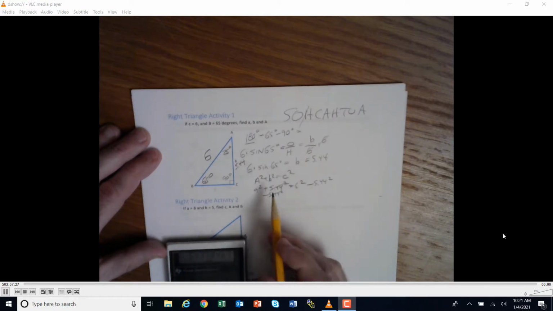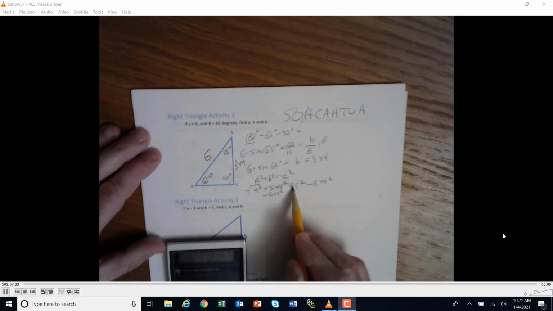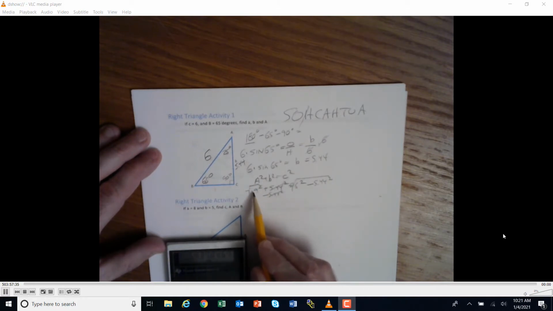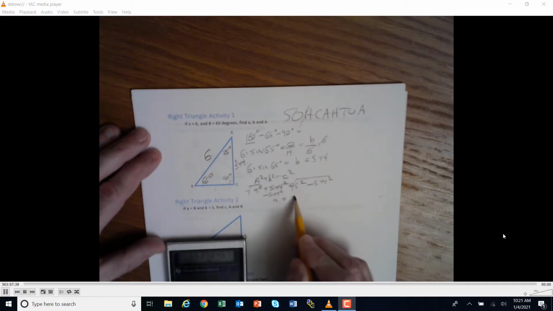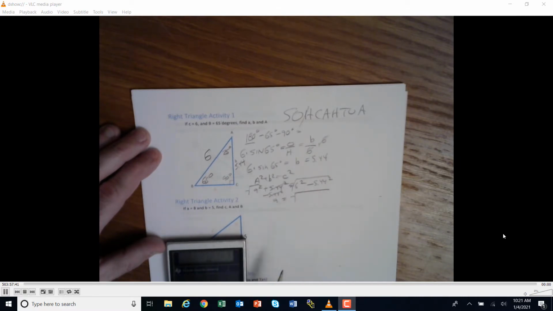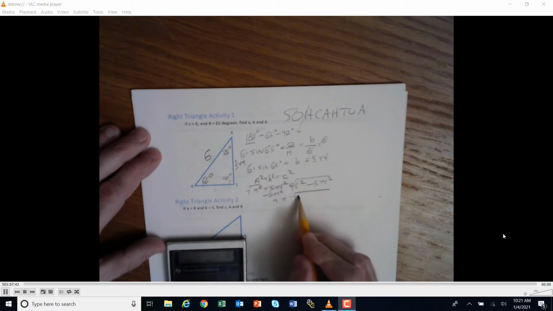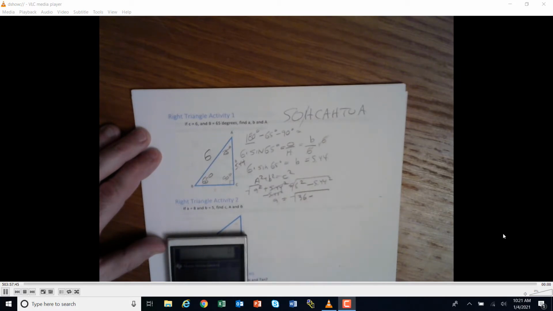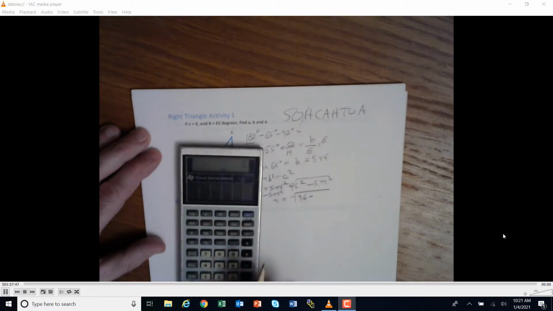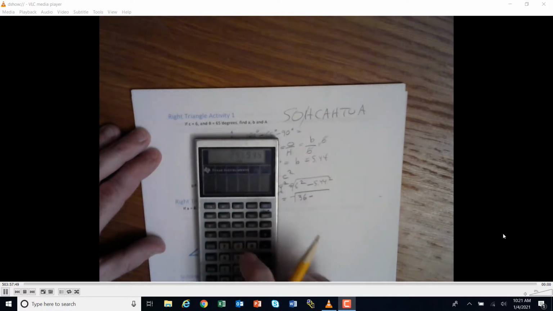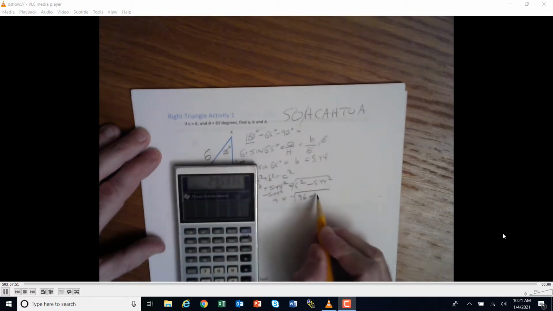Okay. Now I need to get rid of this squared here. In order to do that, I have to take the square root of each side, and that will cancel these. So I'll end up with a equal to the square root of 6 squared, which is 36, 6 times 6 is 36, minus 5.44 squared, which is 29.5936.